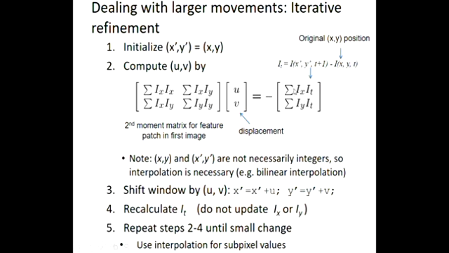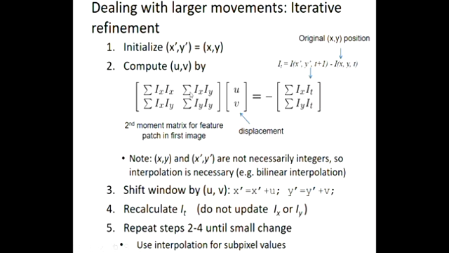Because remember that when we computed the Taylor expansion at x, y, t, we're computing the gradient of the original intensity image at point x and y, which hasn't changed, right? So I only have to calculate the gradient in the x direction and the gradient in the y direction once per frame.